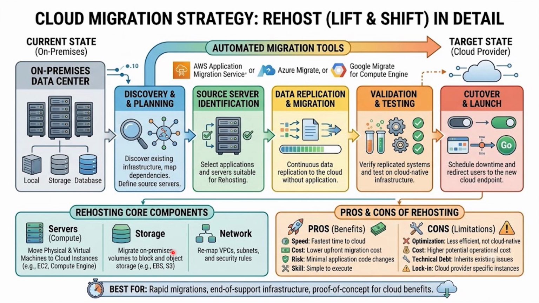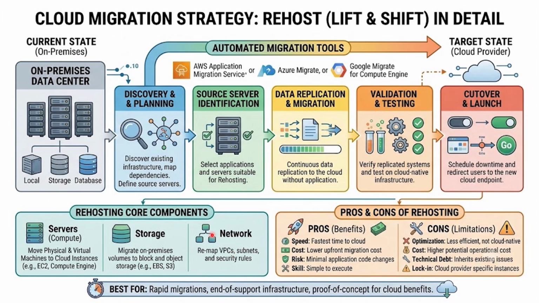Then we have storage. We can see on-premises SAN or NAS storage volumes that are mapped to cloud block storage, or you can say AWS EBS for OS disk, and there could be unstructured data files that are offloaded into object storage, or you can say AWS S3 as well. Then we have the network.